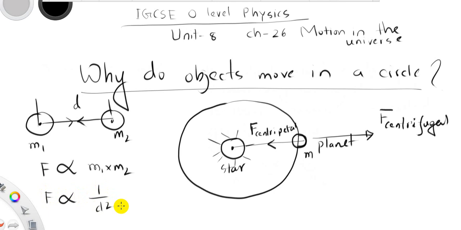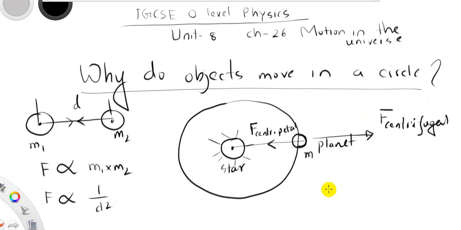That means if the product of their masses becomes double, then force will be doubled. If the product of their masses becomes 3 times, then gravitational attraction force will be tripled. On the other hand, if the distance between two objects becomes double, then the force will be 1/4.